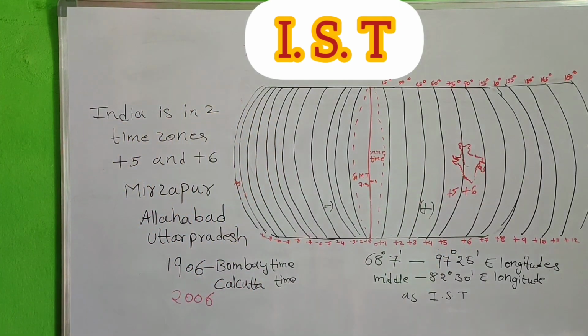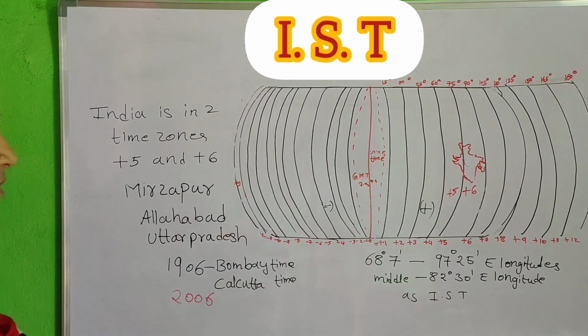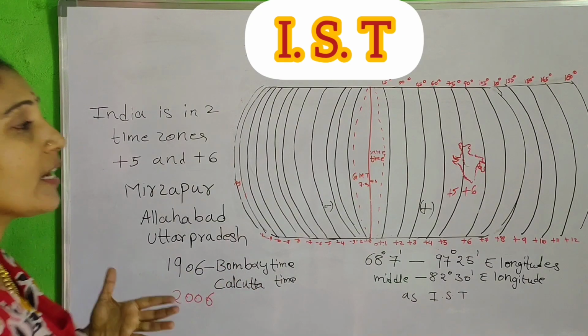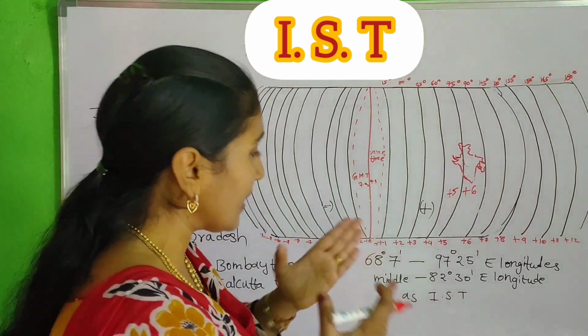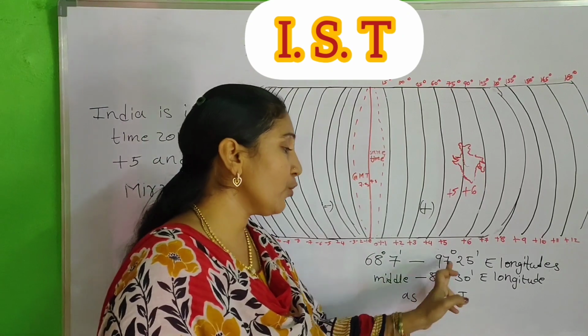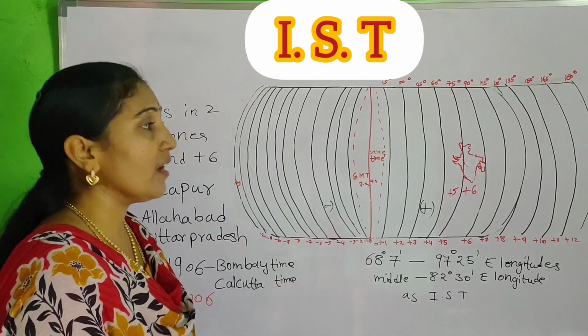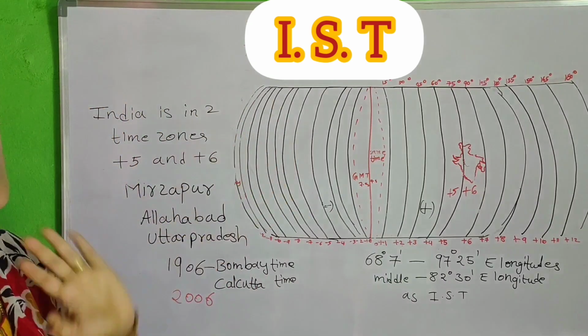The 2 time zones prevailing in India were Bombay time and Calcutta time. Then they recommended that they should follow the same standard time, and they took the value of 82.5 degree east longitude as the prime meridian. So this is what is related to India.